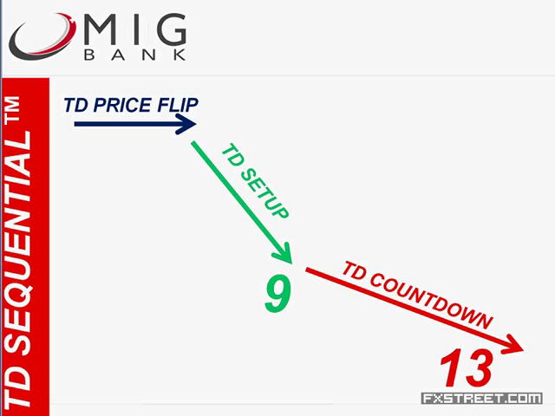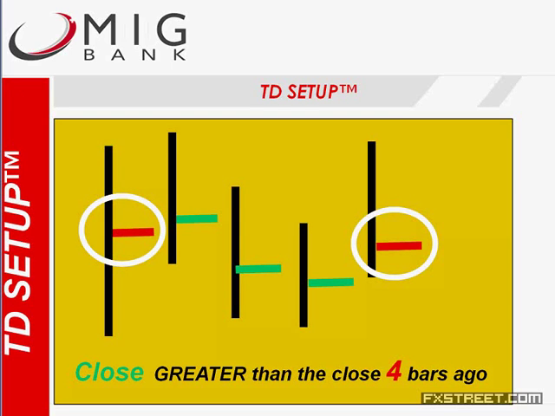Hopefully that should be clear to everyone. And now we're going to the more advanced area. Now, TD setup, as I mentioned, compares price close to price close. And we can see here TD setup, which is the first stage. We need a close to be greater than the close 4 bars ago, so four bars in history. I've just highlighted the close in red, and you can see that this close here is greater than the close 4 bars previous.